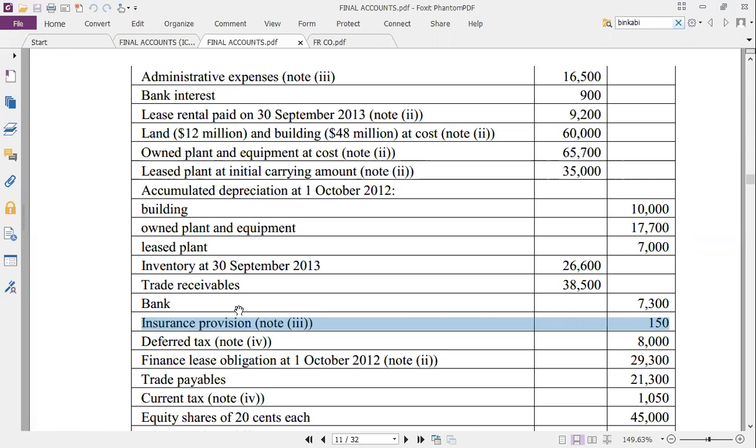Rather, subtract it so that the net answer is the same. It will not have any impact, because you are subtracting from admin and subtracting from retained earnings. And finally, you take the balance of the provision to your liabilities, and that is all.